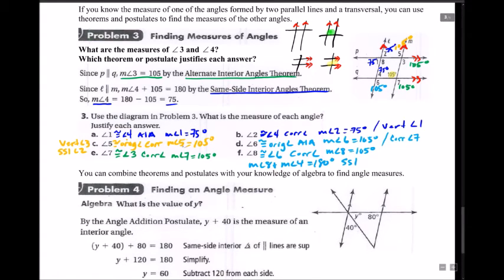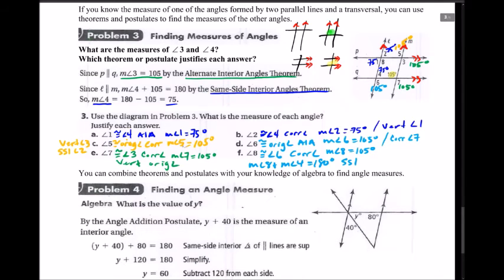Angle 6, well, it is also alternate interior to our original angle, or it is corresponding to angle 7, which we haven't found yet. And angle 7 is corresponding to angle 3, which we found earlier, or it is also vertical to the original angle. Right?